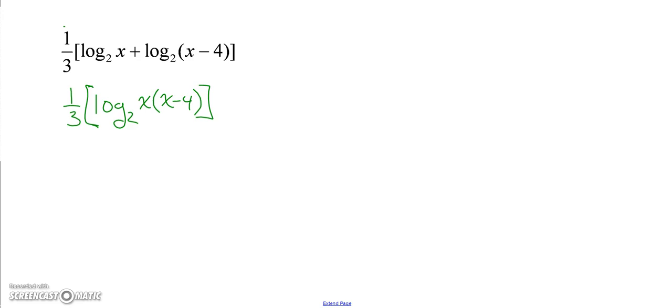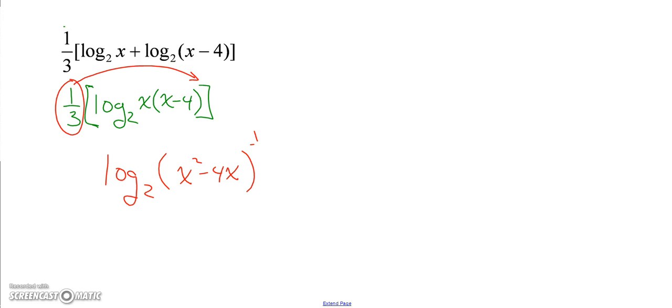The last step here would be to take the 1/3 that is out in front and move it as an exponent. Now, log base 2, I could write it as x squared minus 4x. That would be fine. All raised to the 1/3. That's one way to write it.